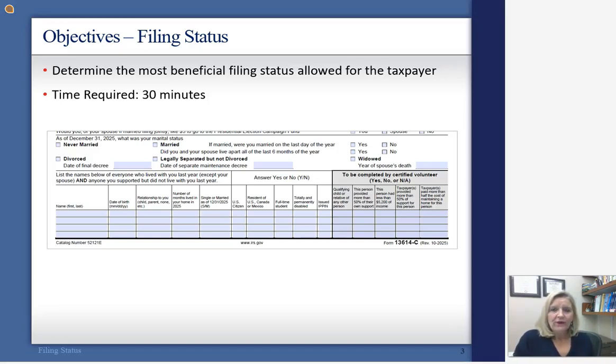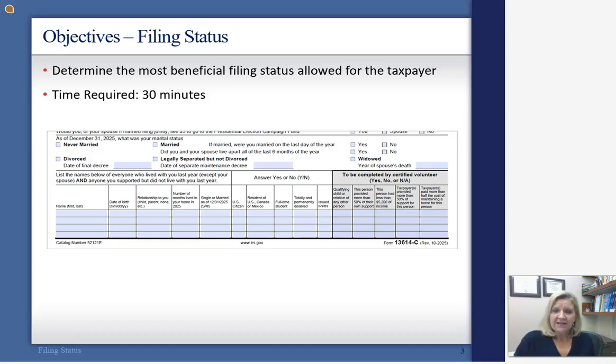All right, so we want to pick the filing status that is most beneficial to the taxpayer. I'll probably say this more than once, but married filing separately is usually the least beneficial filing status. There are limited circumstances where it's important for clients to do that, or clients are required to do that, but normally married filing separately is not a good status for people.